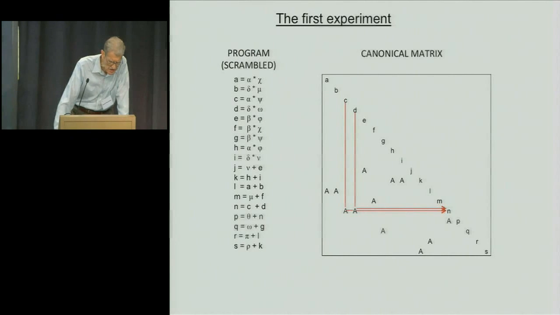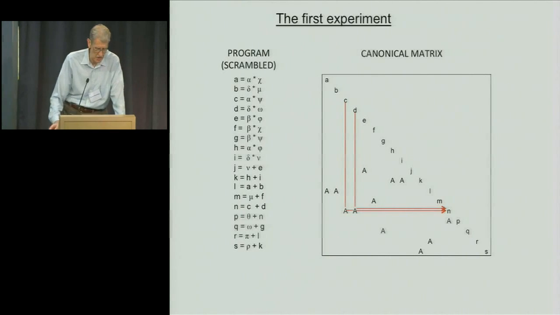All the variables are given as input, and on the left are the variables. And on the right is a canonical matrix, which is the canonical matrix corresponding to that program. And you see that I have listed the variables along the diagonal of the matrix.